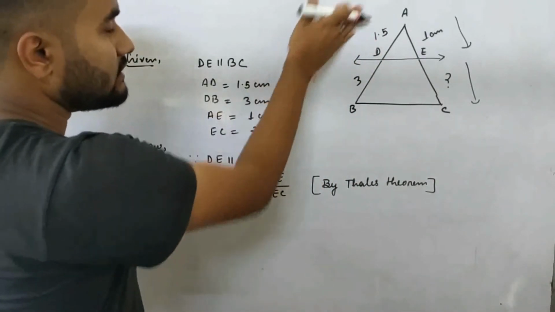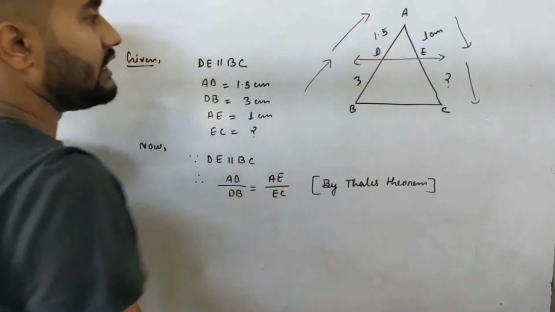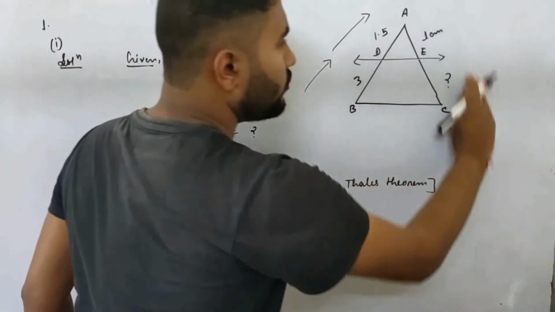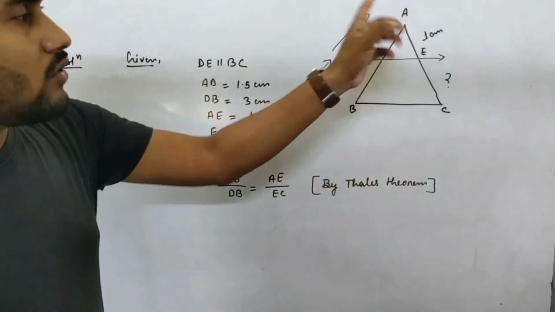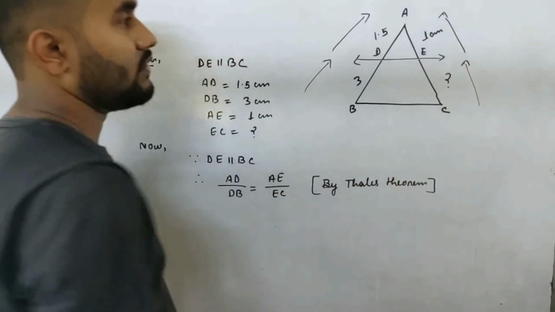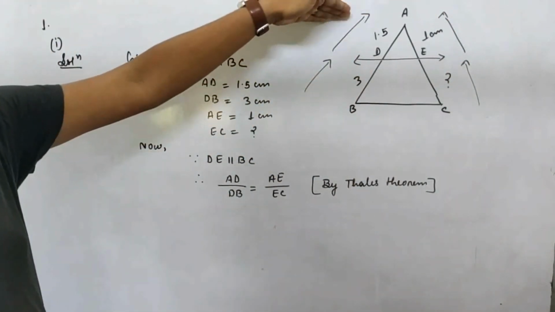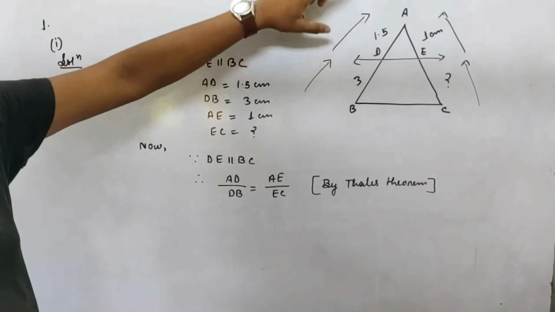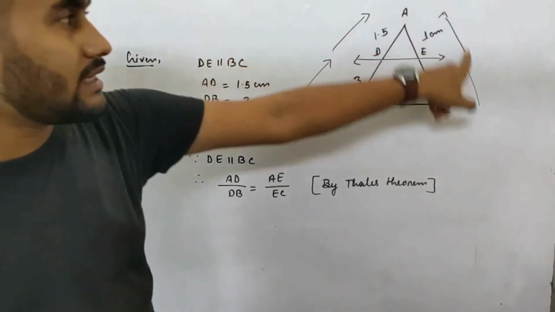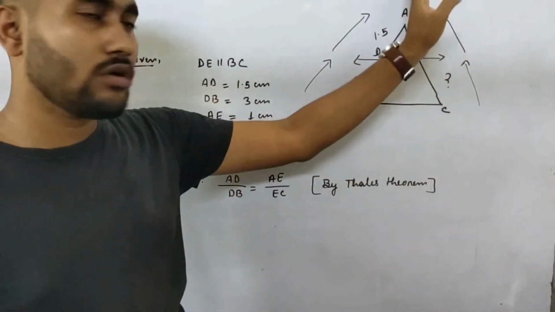You can also write BD by DA, totally correct, but then on that side you have to write CE by EA. It is not that you have to always start from A or the top side only, but the most important thing is, if you write from one side, you have to continue from that side only. If you write from down to up, then from down to up only.